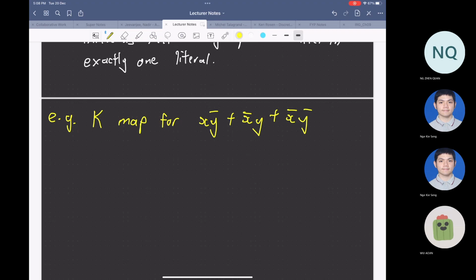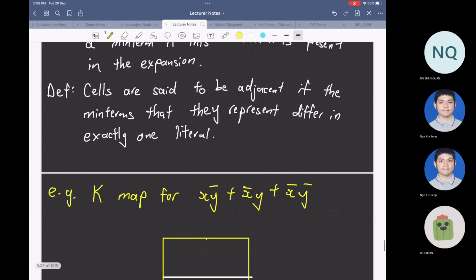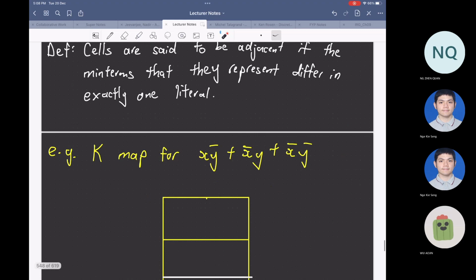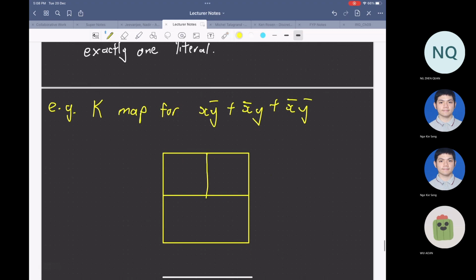Two, x and y, and they are literals, with their complements. How many cells do we have? 2 to the power n, so 2 to the power 2. How many cells do you get? 4. So you need to create 4 cells here.